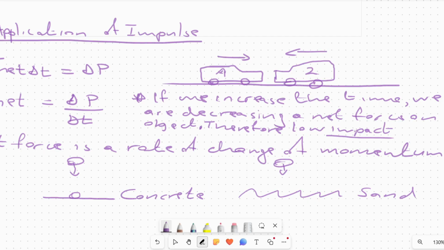So when you fall on a sponge, you take more time until you bounce back. So the bouncing time becomes more, and that decreases the impact, or the net force, acting on that object. That's how they apply the impulse. That is why it's very important to understand this principle in real life situations.